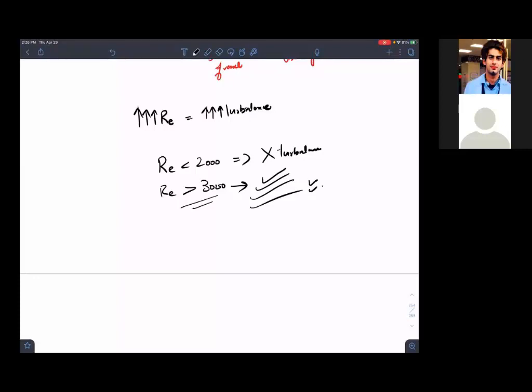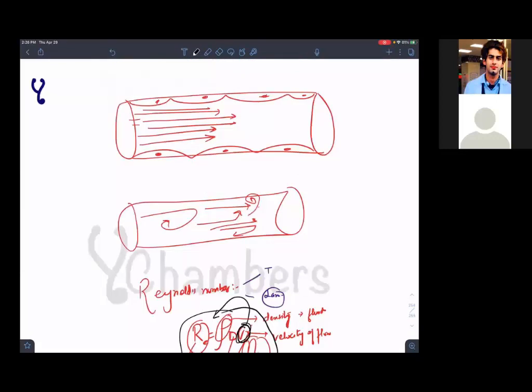I want to tell you the next thing, then we end the class. Once you are increasing this Reynolds number, it's natural, common sense that once you have any resistance, then you will be increasing the turbulence.